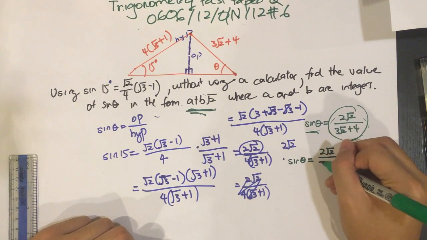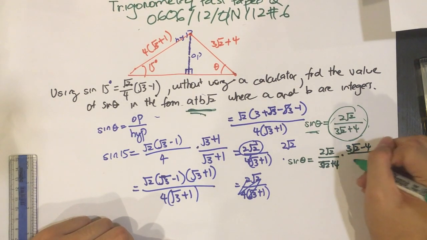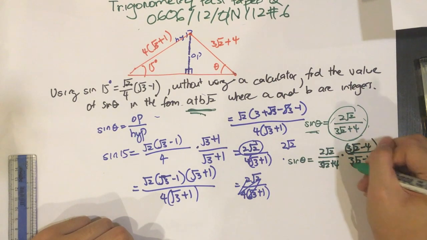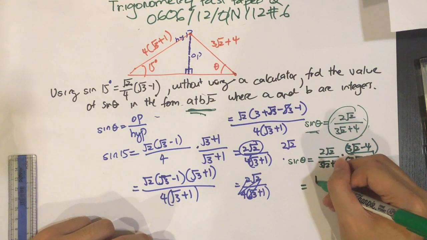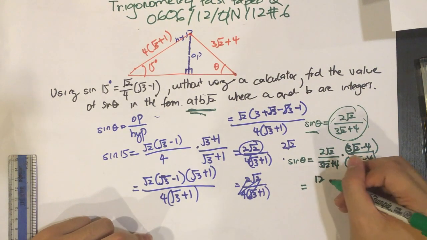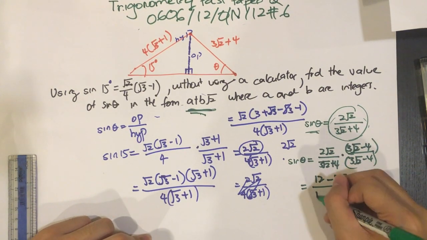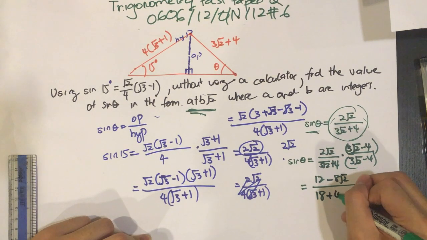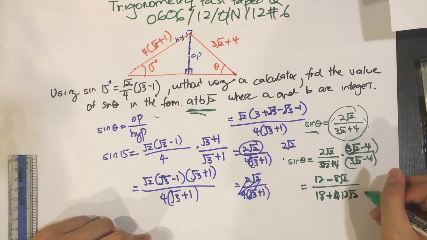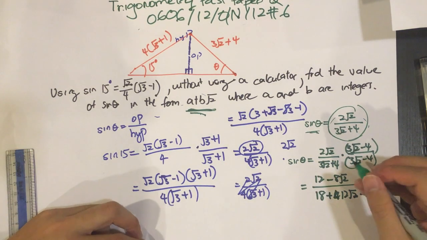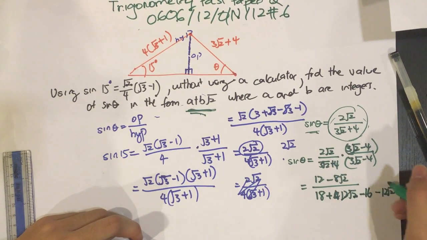So 2 root 2 over 3 root 2 plus 4 should be multiplied by the conjugate, 3 root 2 minus 4 over 3 root 2 minus 4. And then what we notice is 12, and then 8 root 2, and then 3 root 2 times 3 root 2 is 18, plus 4 times 3 root 2 is 12 root 2, and then minus 16, and also minus 12 root 2, which we know cancels out.